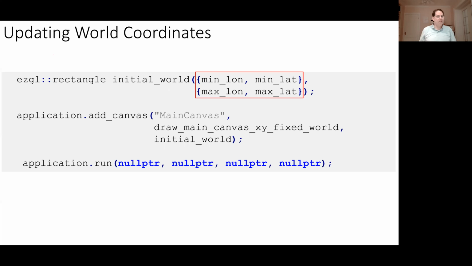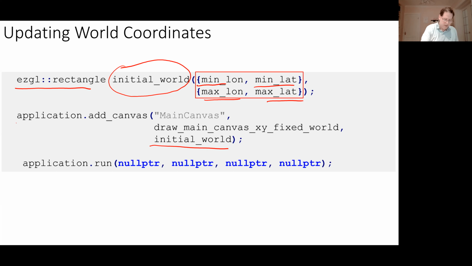Once I have that information, probably in my load map, which would be a logical place to write that code, I can just store the values, the minimum longitude, the maximum longitude, and so on, and use them to set my coordinate system. Remember, we set our coordinate system by making an EasyGL rectangle called initial world, and we passed it into the add canvas function, which sets up our main drawing area.